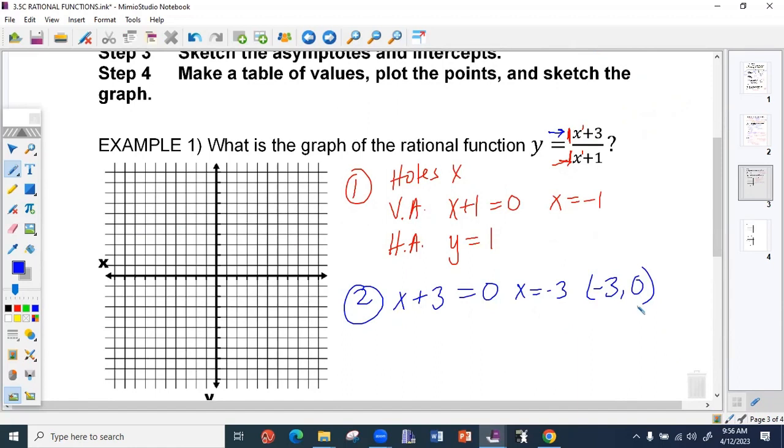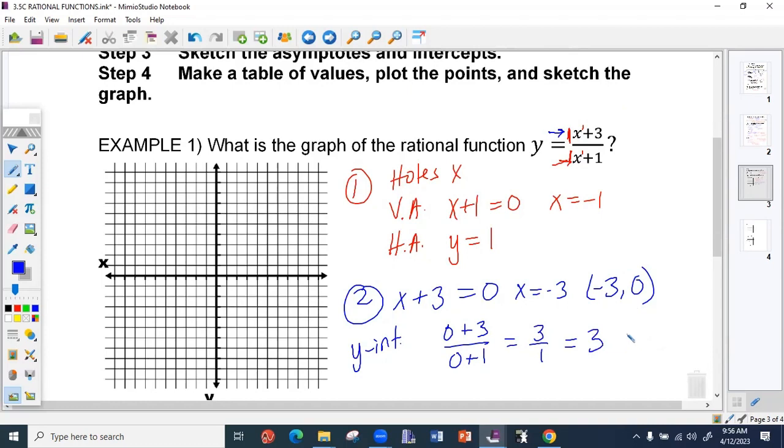How do you feel about finding the x-intercept? Good? Yes? Okay. Your y-intercept. So to find your y-intercept, you're plugging in zeros for all of your x's. So wherever there's an x, it becomes a 0. So we end up with 0 plus 3 over 0 plus 1, which gives us 3 over 1, which equals 3.